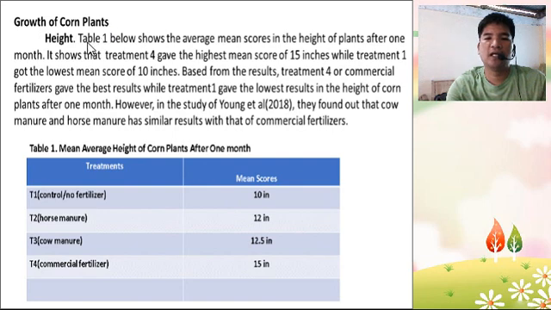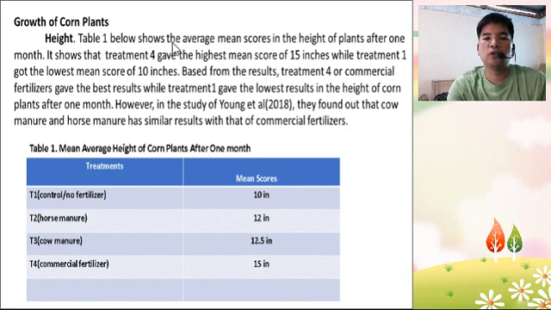So remember the study is all about the effect of different fertilizers to the growth of corn plants. So we have here height. Maybe this one discusses the statement of the problem, no? Make sure na lahat ng mga nasa statement of the problem ay may explanation sa mga tables. So maybe this one is all about the height of the plants.